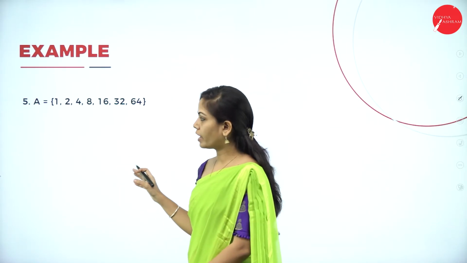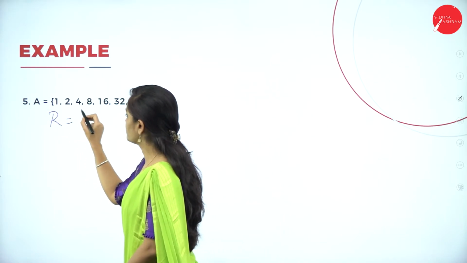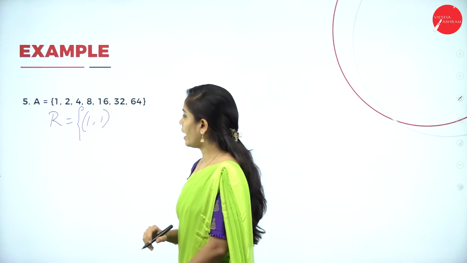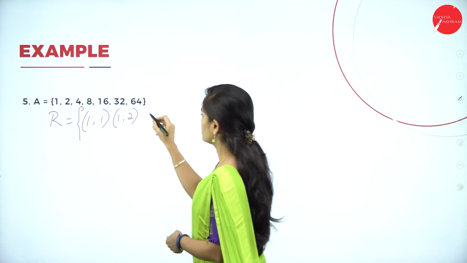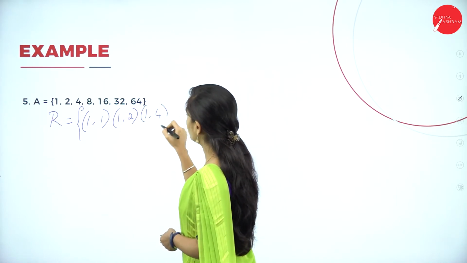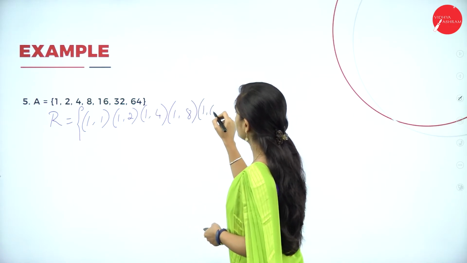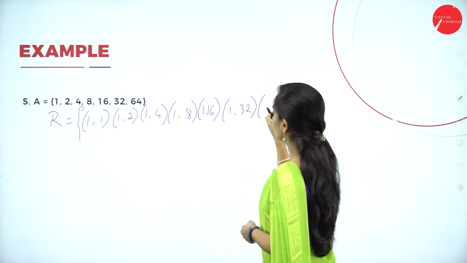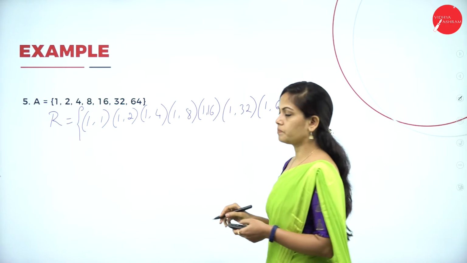Here first I will find the relation R equals: 1 can divide 1, 1 can divide 2, 1 divides 4, 1 divides 8, 16, 32, 64. That is the first step.